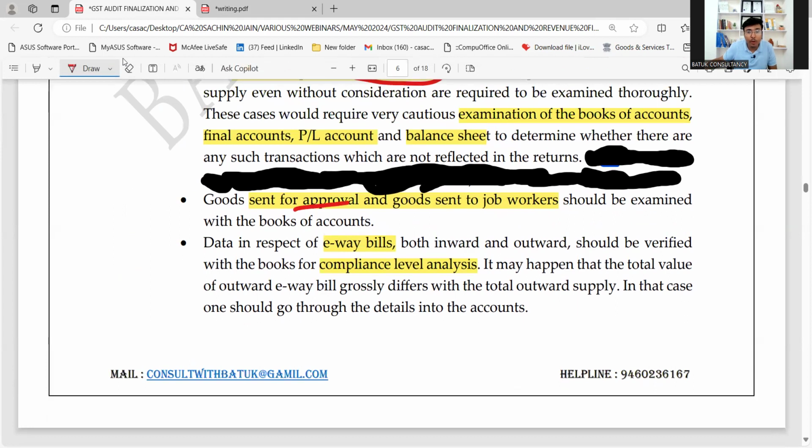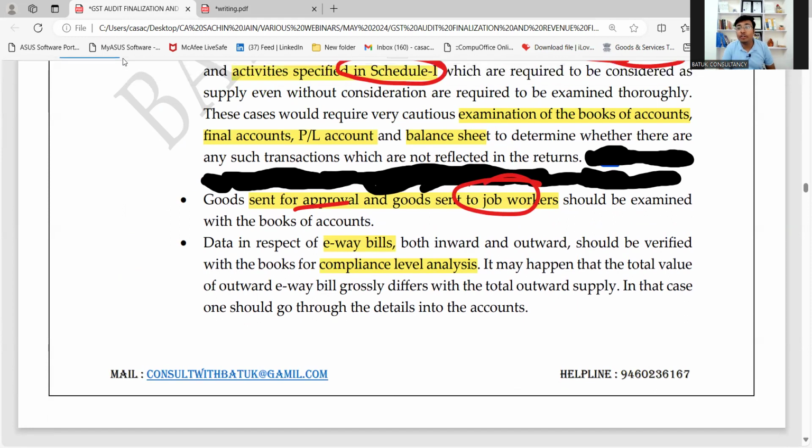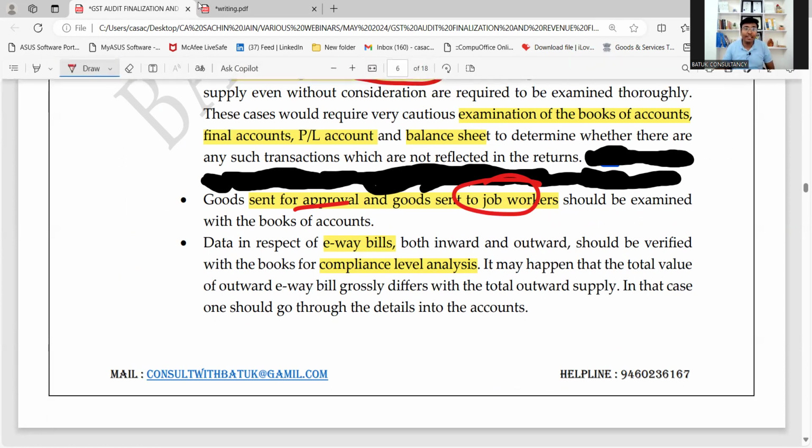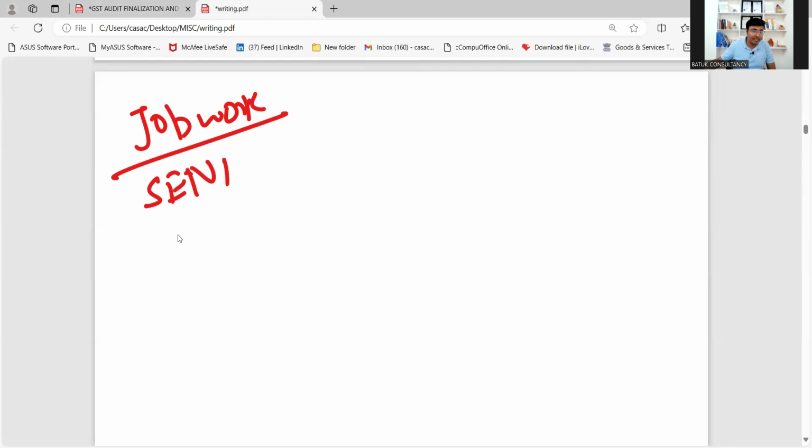Goods sent for approval or goods sent to job worker should be examined with the books of accounts. When you check the various ledgers of that particular business entity, you need to ensure about the job work and about goods sent on approval basis.